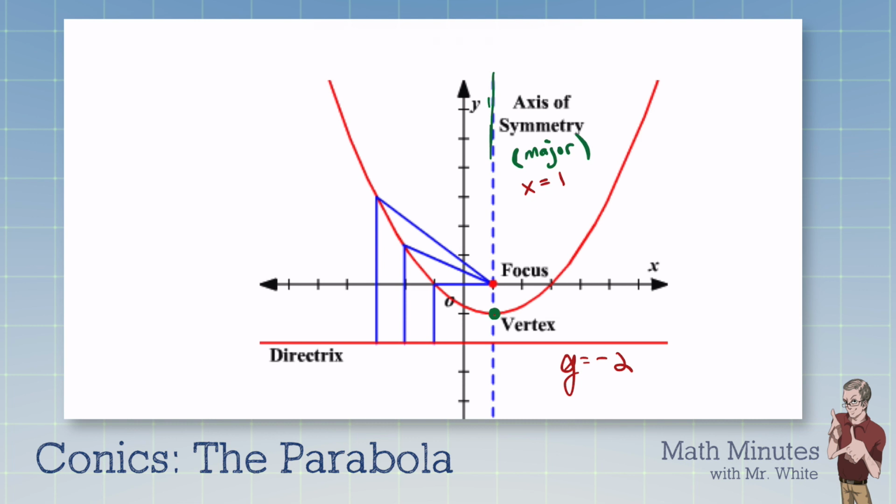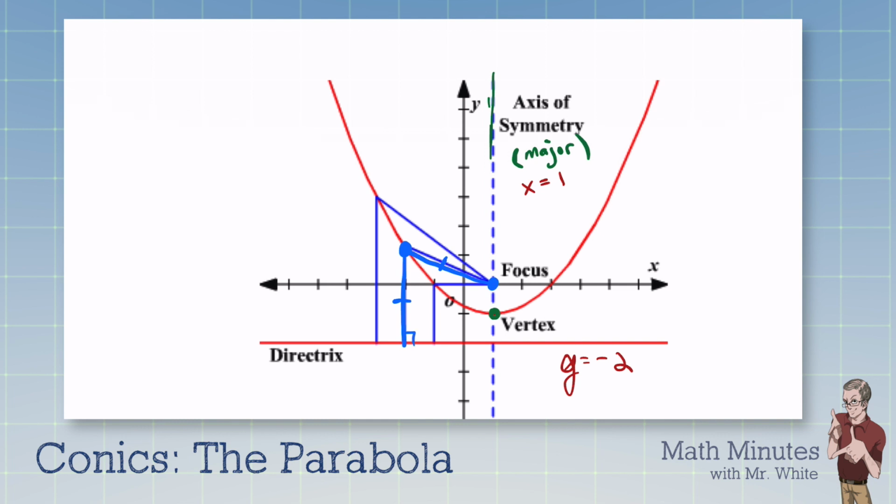Now, what are these other lines here? What on earth are these doing here? This is one of the interesting things about parabolas: if you connect a line segment from the focus to the parabola and measure that, it will be the exact same distance as the line segment that goes directly at a 90-degree angle to the directrix.